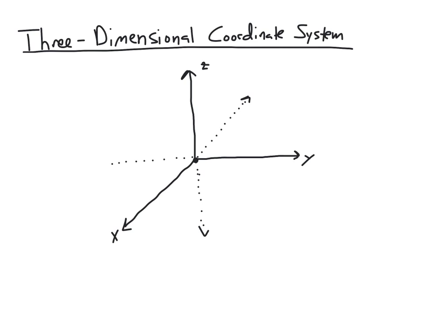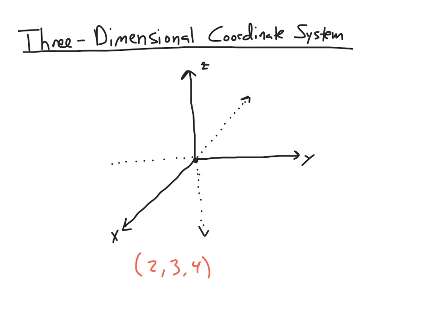And so once we have this system, we can plot points really easily. If I have a point, let's say (2, 3, 4), right, an ordered triple? Just like in the Cartesian plane, these numbers are going to tell us how to get to the point along the axes.